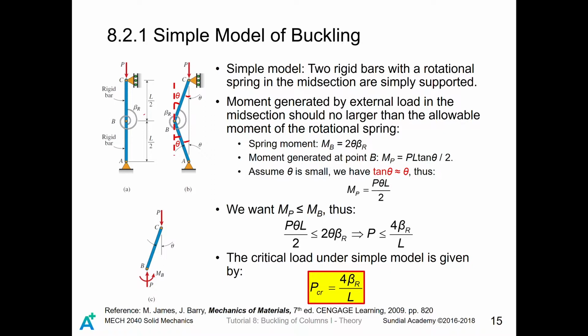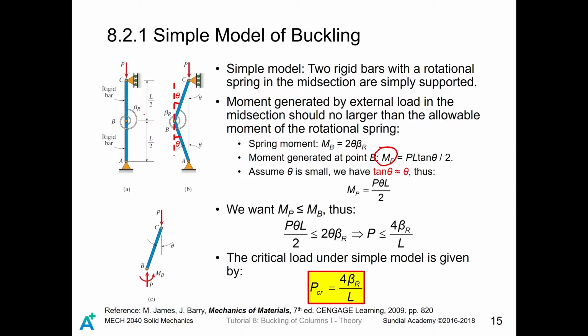Also, if we account for the moment generated at point B, the moment is given by P times the length of the beam divided by 2, and then tangent theta to get the deflection in the middle section. Let me repeat.